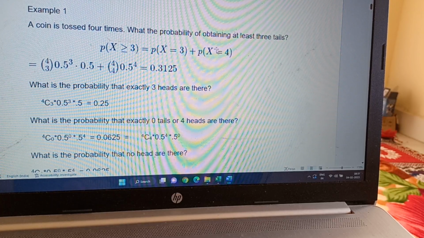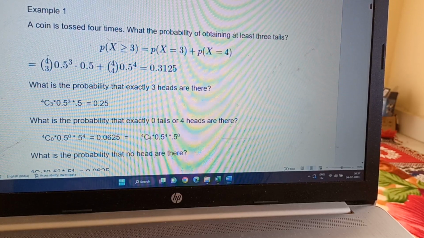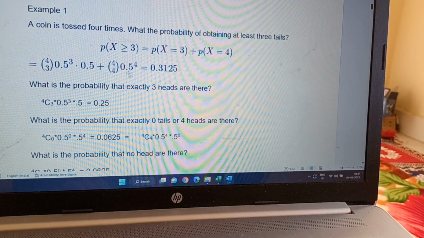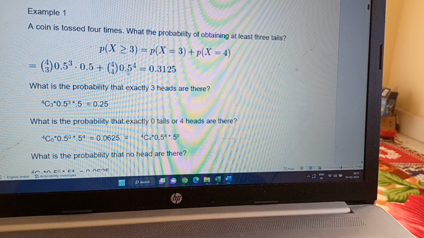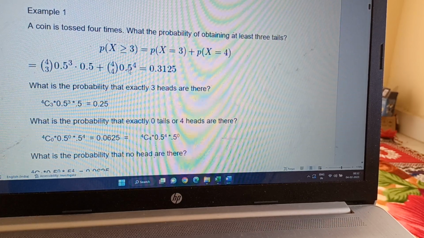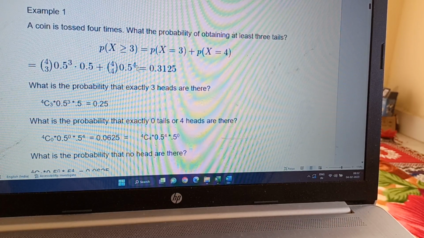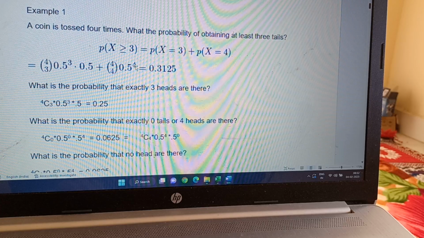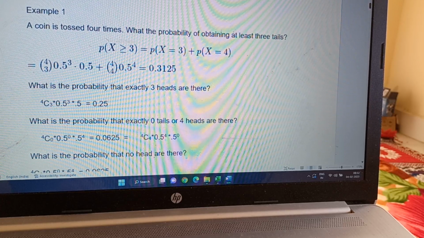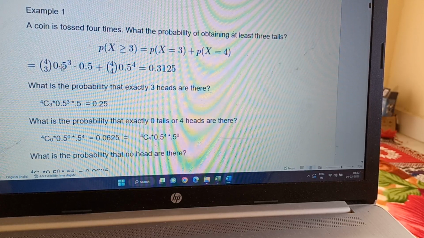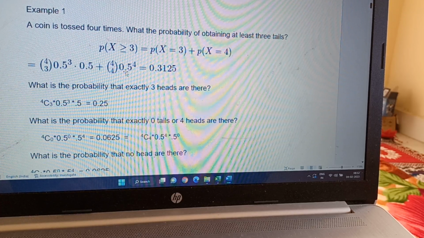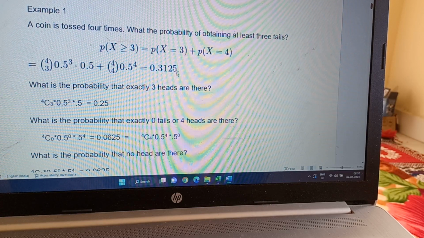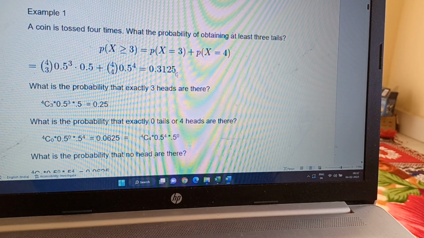Then the probability of getting exactly 4 tails will be 4 choose 4, and since the probability of head is to the power 0, I didn't write that since 0.5 to the power 0 is 1. So I wrote the probability of tail 4 times. The first one is 0.25 and this one is 0.0625. So the sum of both is equal to 0.3125.